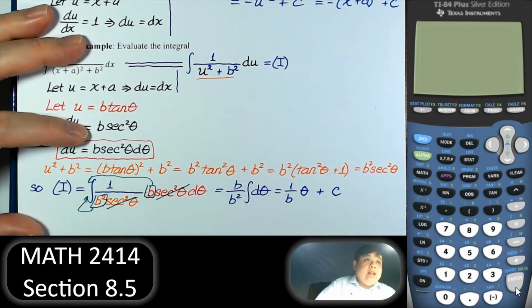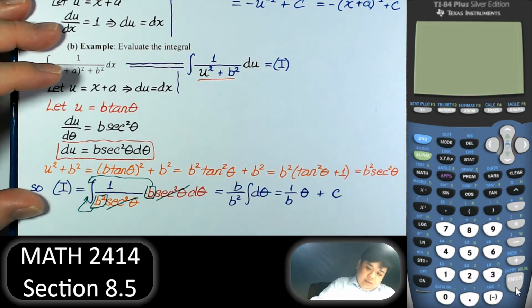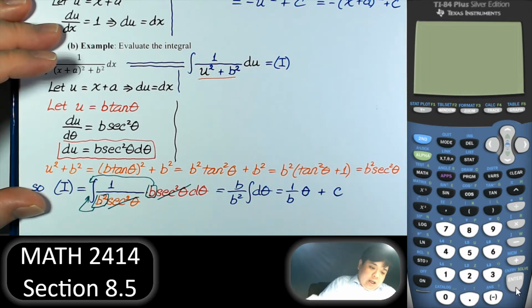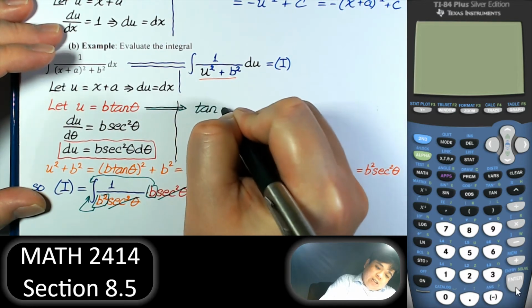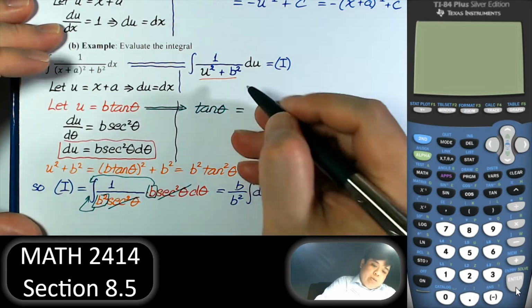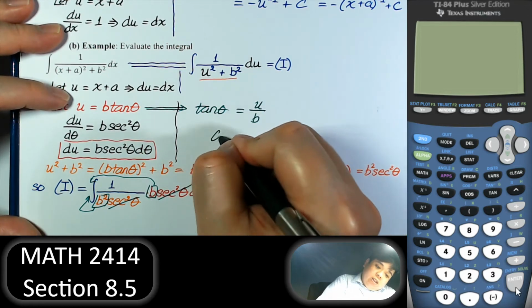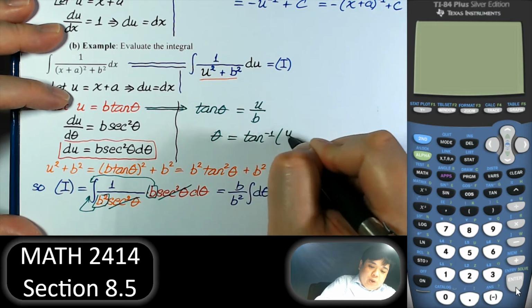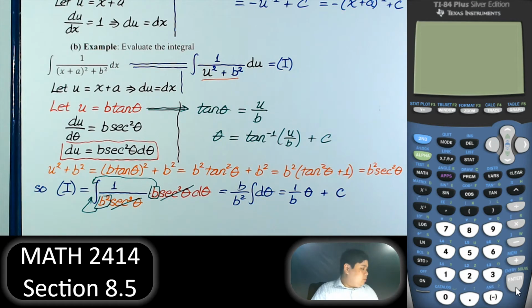Plus c. Finally, we just need to solve for theta. Now since u is equal to b tangent theta, if we want to solve for tangent theta, it's going to be u over b. And if we take the inverse on both sides, theta is equal to tangent inverse of u over b. And we substitute back into our problem.